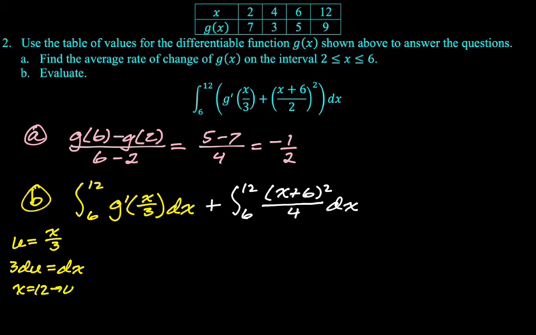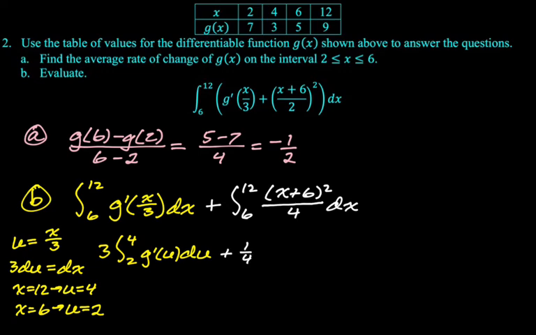So x equals 12, u is x over 3, so u is 4. And then if x is equal to 6, 6 over 3 is 2, so u would be 2. We can rewrite the entire yellow integral now in terms of u. So we have 3 du for dx, so pull out the 3, our bounds become 2 to 4, g prime of u du. That's good because we can just read, that's the fundamental theorem, right?